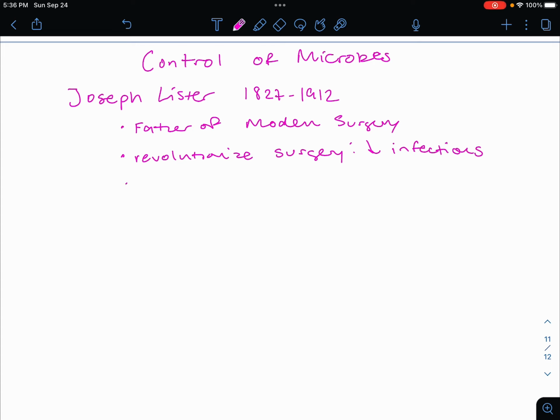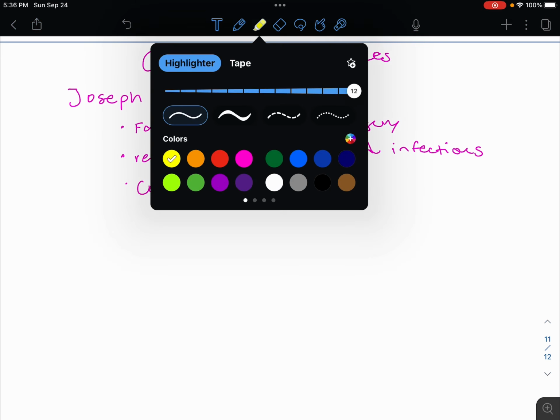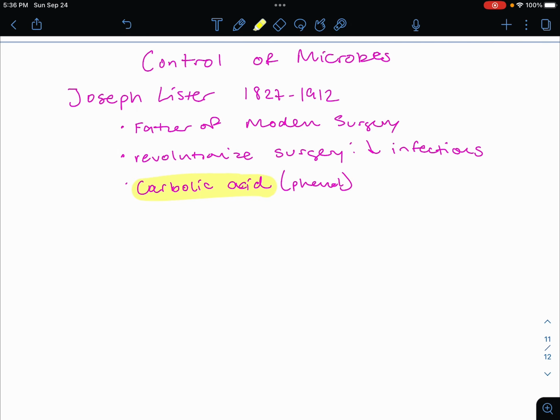One of his methods was the usage of carbolic acid, which is a phenol. This chemical would be sprayed in rooms as well as on tools for surgery at the time.